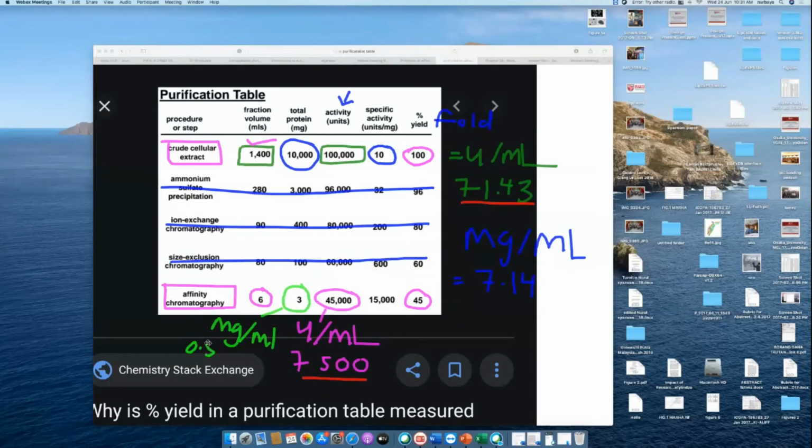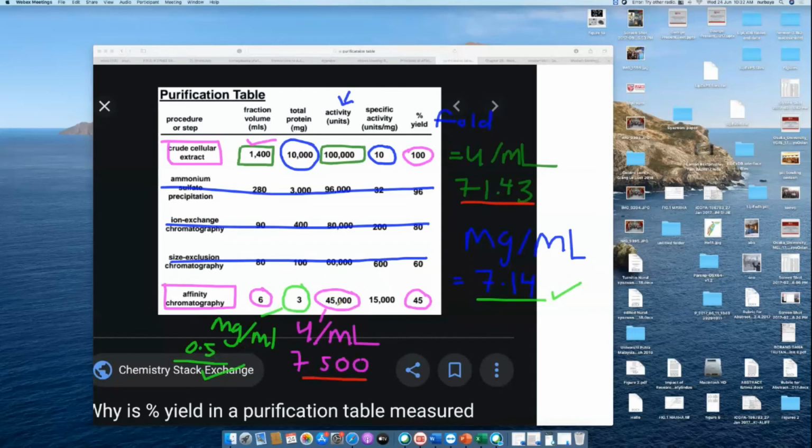Yeah, it is 0.5. If you compare the milligram of protein, initially it was 7.14. Now you have got 0.5. It is good because you have a low concentration of the protein compared to the initial one. Why? Because the initial one was mixed up with impurities. If you have a low concentration of protein but high activity, that means your purified protein is really pure.